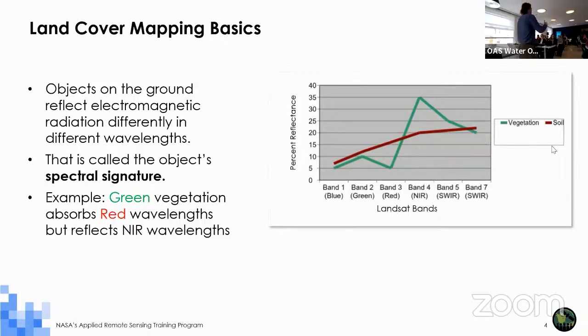So maybe it's a conifer tree, so it has needles and it doesn't shed its leaves. It just keeps its needles all year. Or it's a deciduous tree, so in the fall and the winter, it loses its leaves. So we can start plotting those out based on the instruments that we have, and we can actually start differentiating between different forest types. And these are different ways of using different parts of the spectra to be able to do that. Next slide.